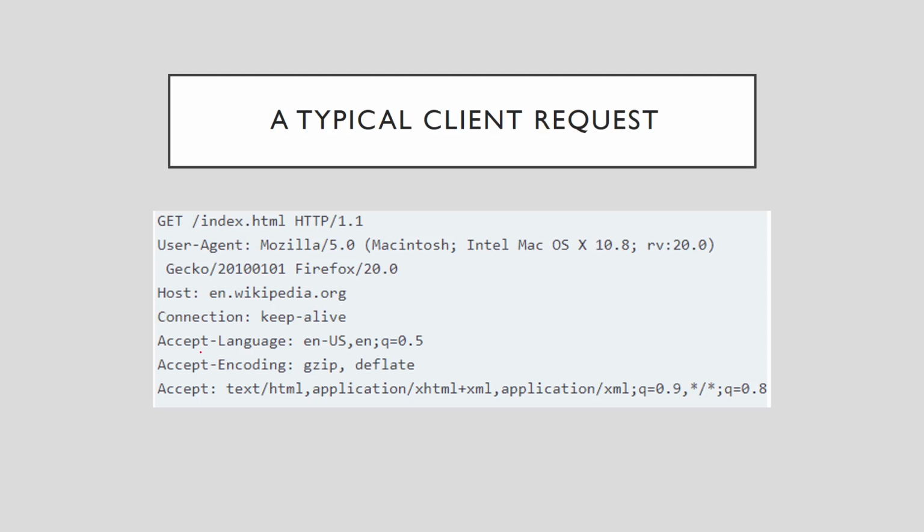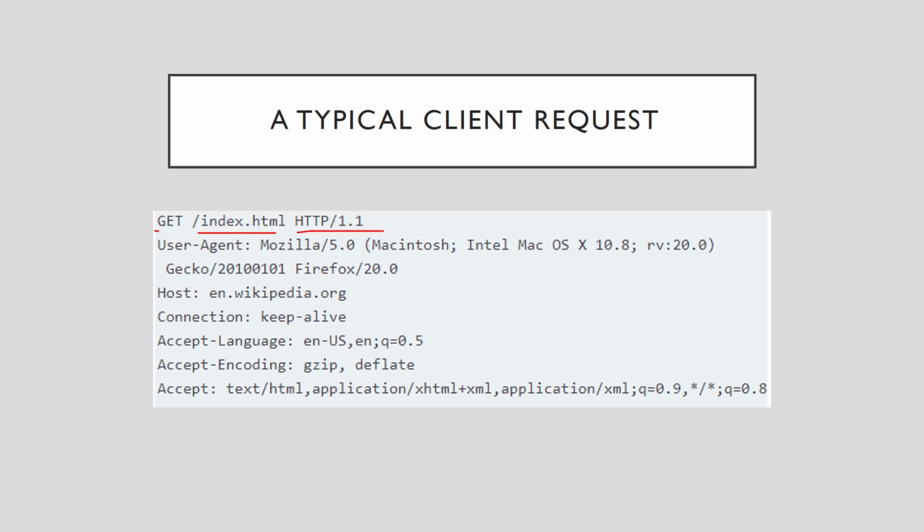And this shows a typical client request. It looks something like this. GET requests, like this one, do not contain a message body, so the request ends with a blank line. The first line is called the request line and includes a method, a path to a resource, and the version of HTTP.